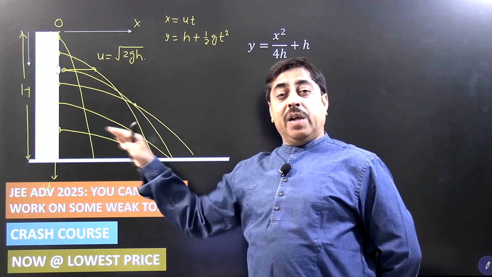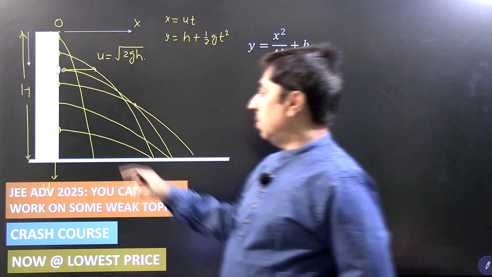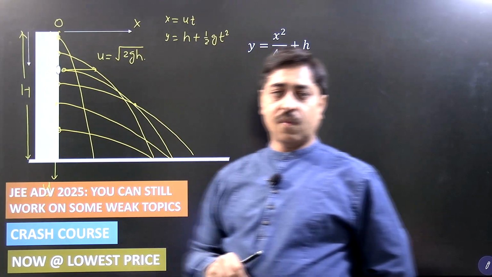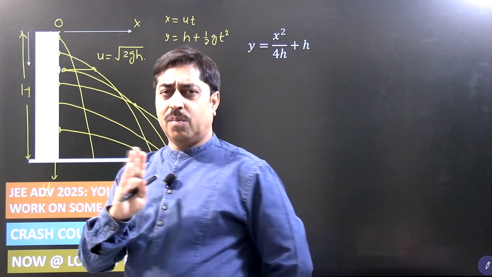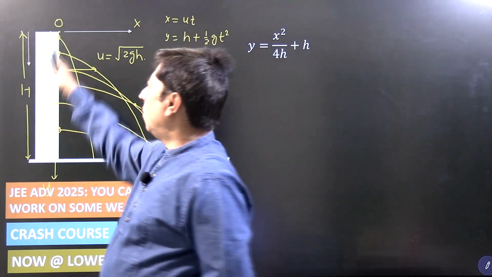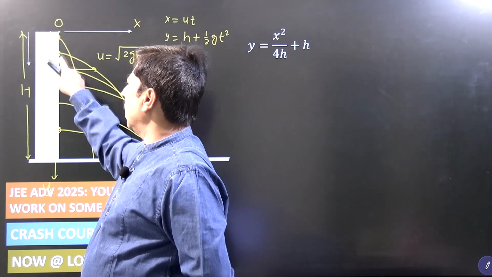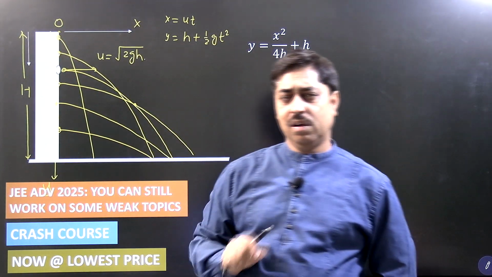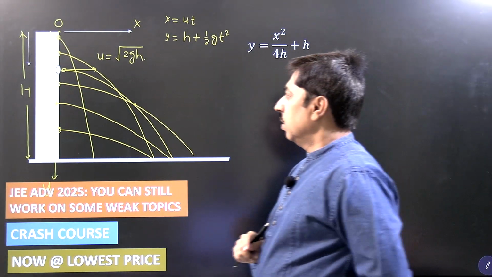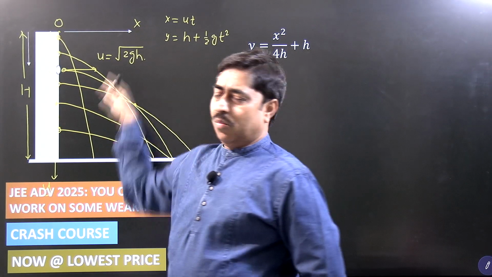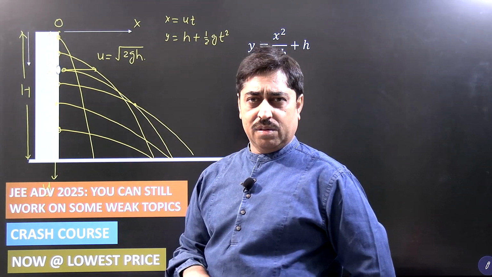So, there will be a different set of parabolic paths for different holes falling on this vertical line. Mind you, we are considering one straight vertical line, and we are assuming multiple holes located on that particular line. Right now, we are doing this. So, we will get a family of parabolas, a set of parabolas, right?